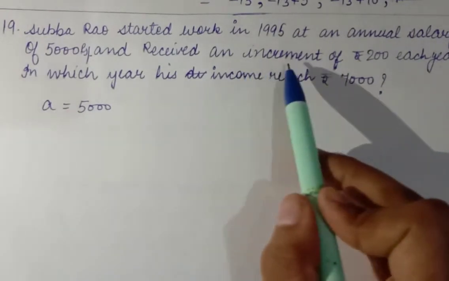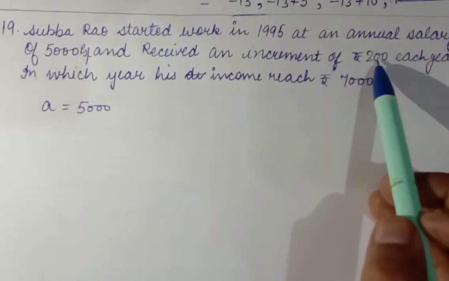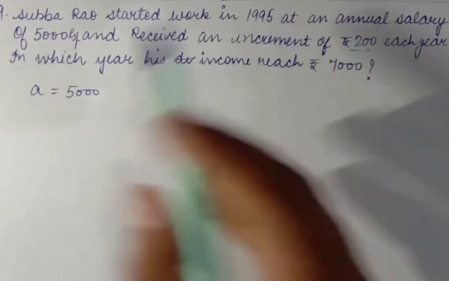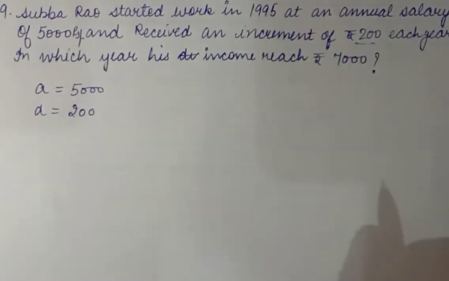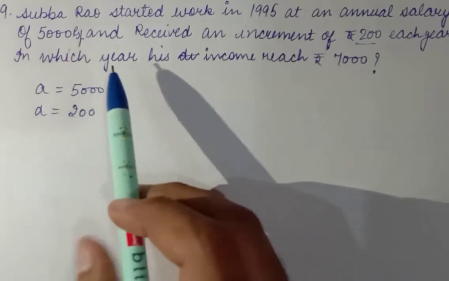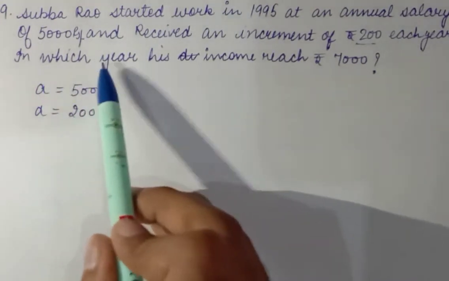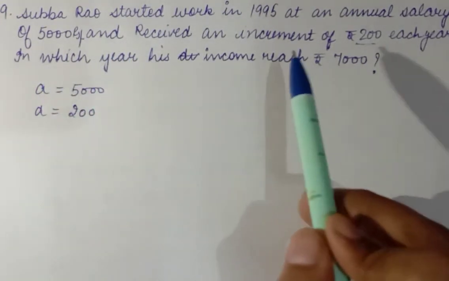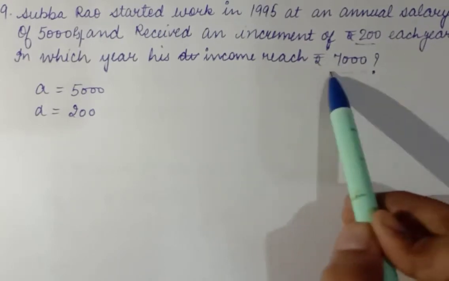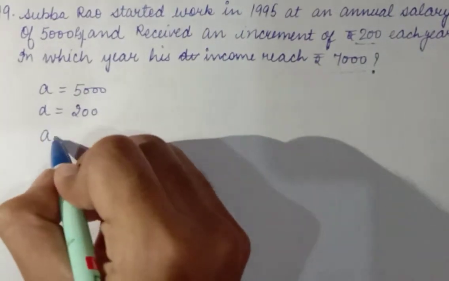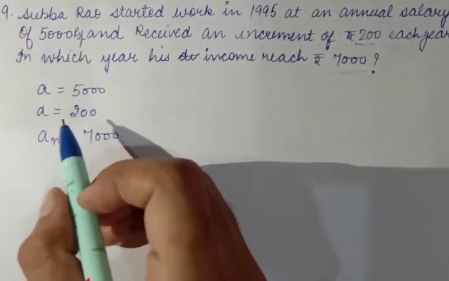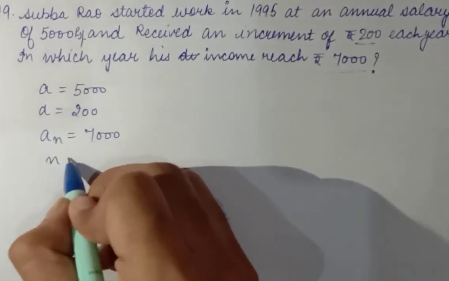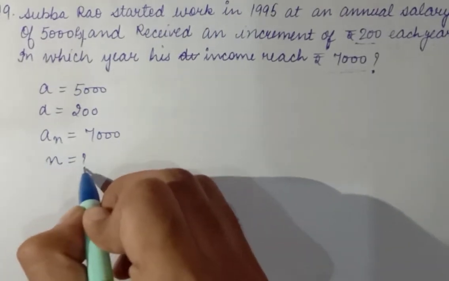Here he received increment of 200 rupees, so our common difference d is 200. Now we have to find in which year his income reached 7,000. So we are given with an. An is 7,000 and we have to find the year. So here we have to find n.